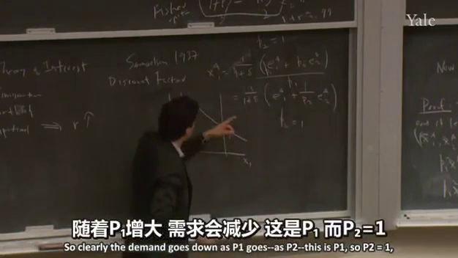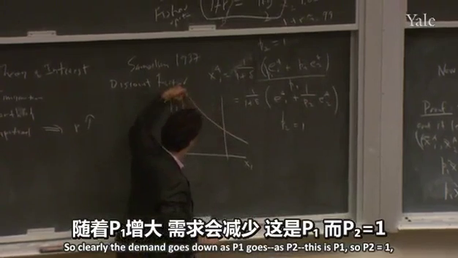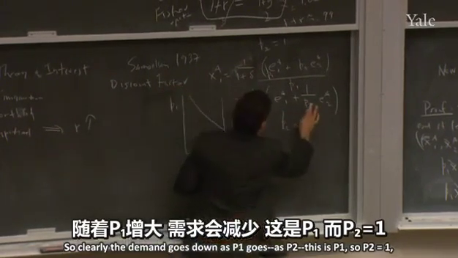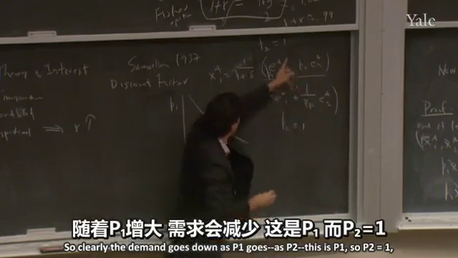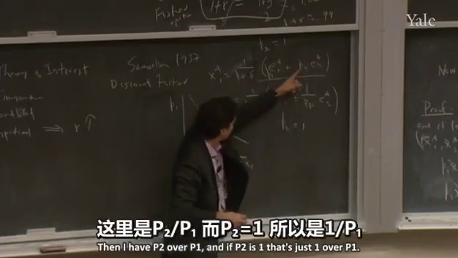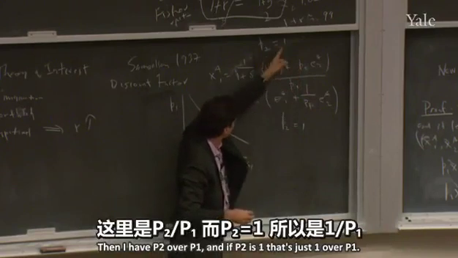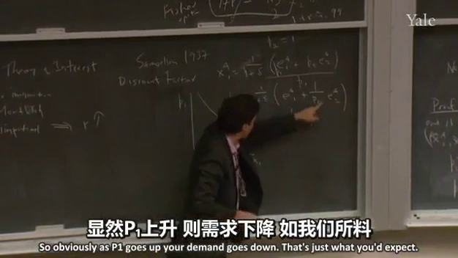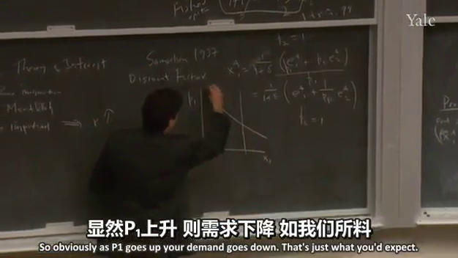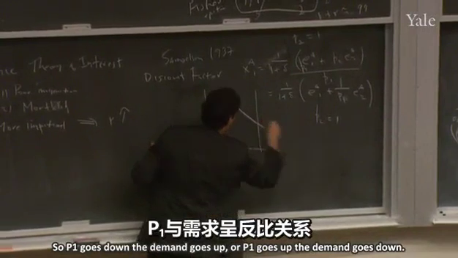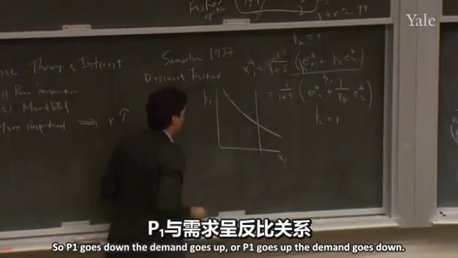So clearly the demand goes down as P1 goes up. If I divide by P1, P1 over P1 goes away, and then I have P2 over P1, and if P2 is 1, that's just 1 over P1. So obviously, as P1 goes up, your demand goes down. That's just what you'd expect.